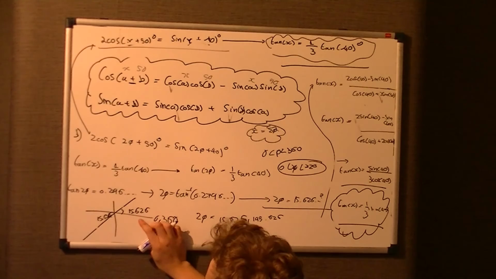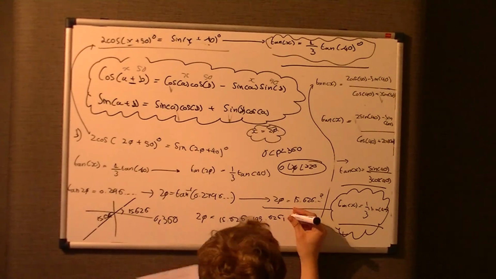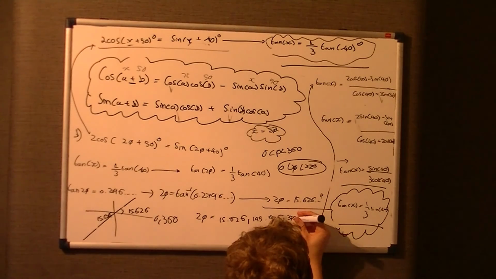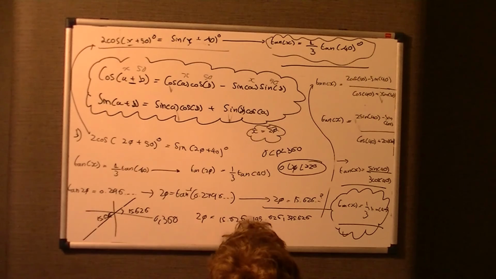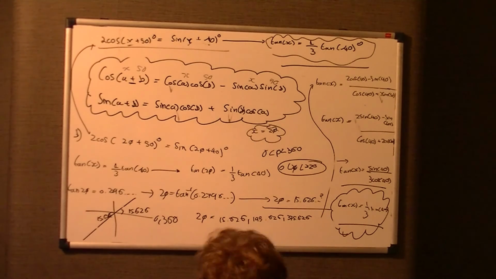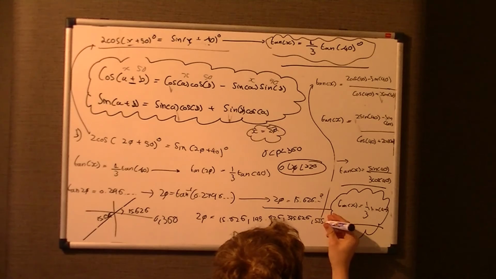Then you do 15.626 plus 360, which would get you 375.626, and then 360 plus 195.626, which would get you 555.626.